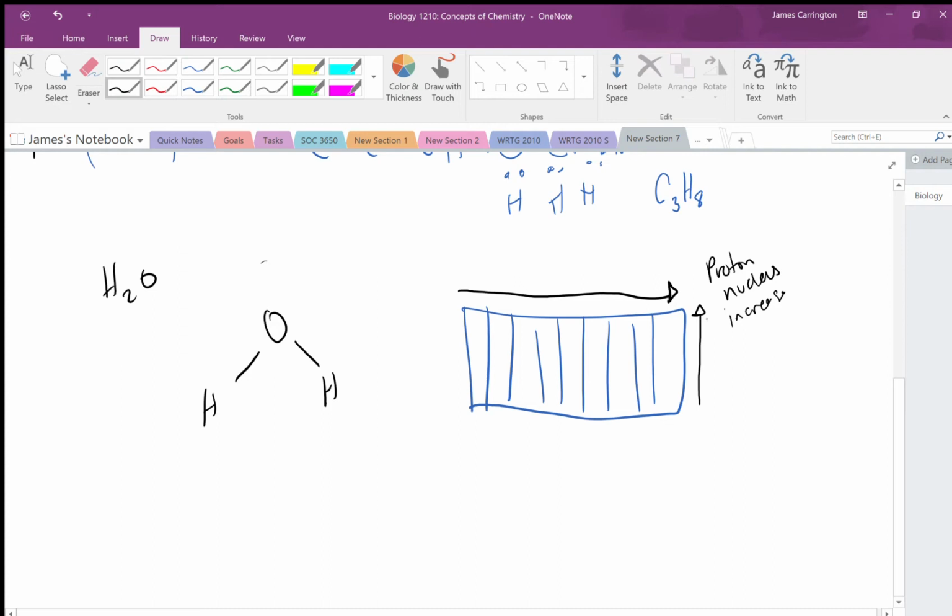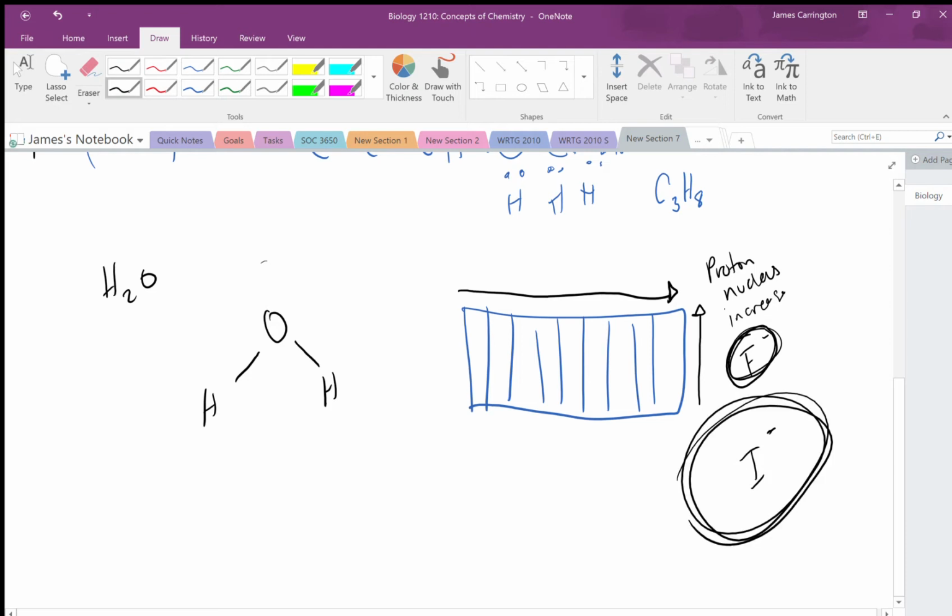The reason why it increases when you move up is because these atoms up here, like fluorine, are really small. And so when you add these extra electrons, they're going to be really close to this fluorine atom. So this positively charged fluorine nucleus is going to be able to accept those really well. Whereas if you take iodine, and you try to put some extra negativity on it, it's this huge guy. And so it really couldn't care less how much extra electrons or negativity it has, so it's going to increase a little bit less.